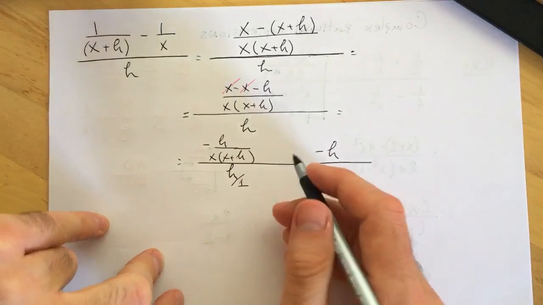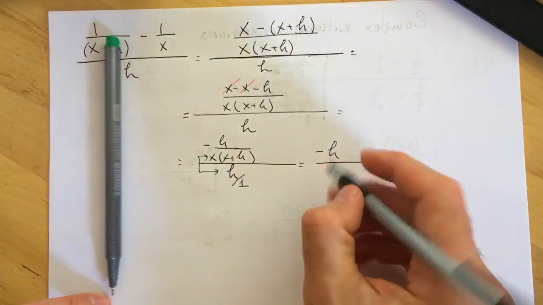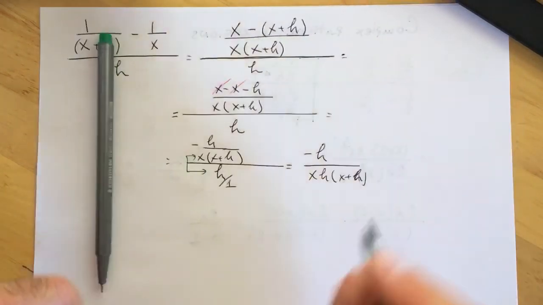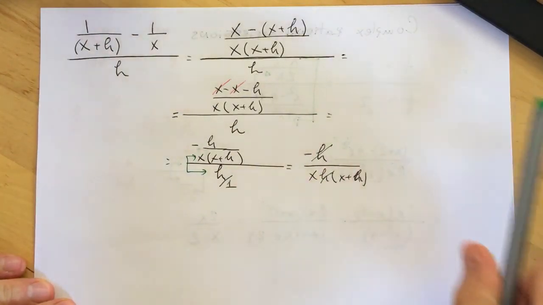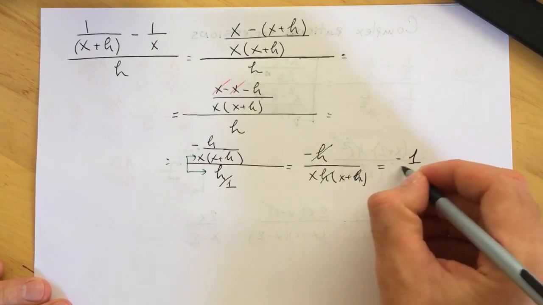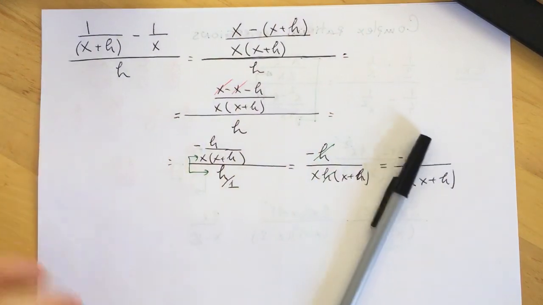And then the inner element times the inner element, so that's x times x plus h. And the common factor, the only one that you can cancel here, is h, so you get -1 over x times x plus h.